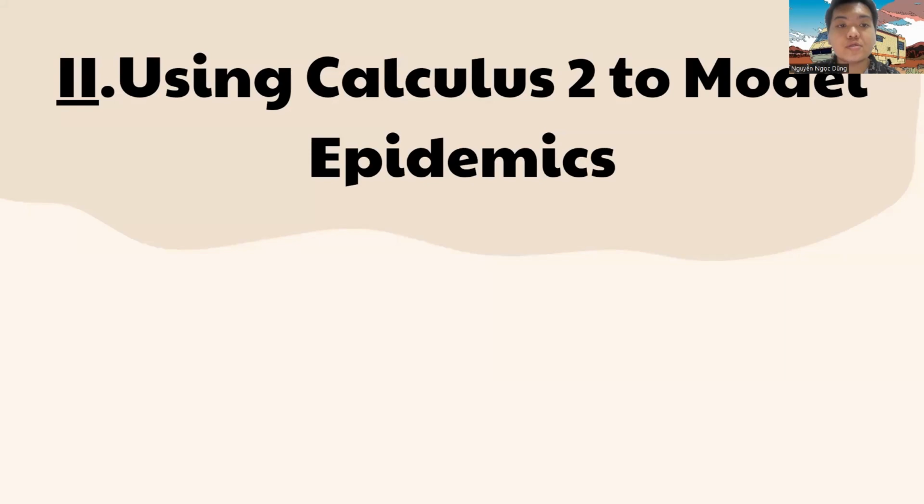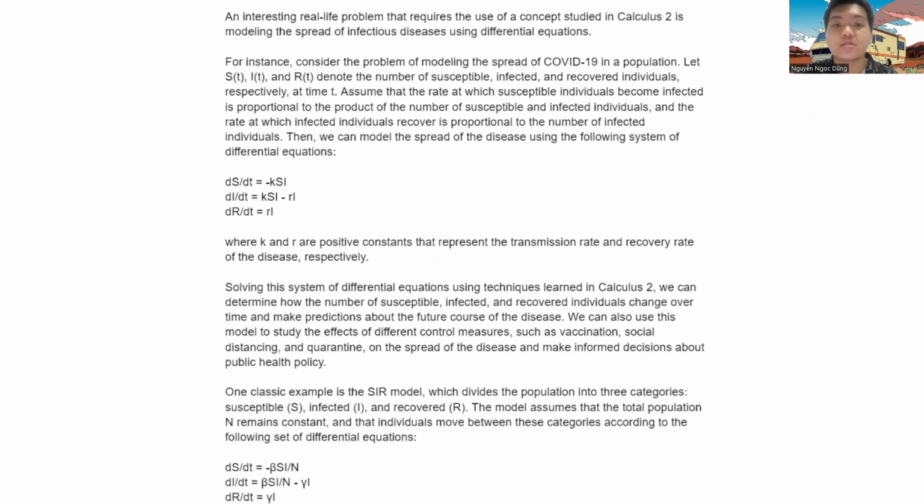We want to use calculus 2 to model epidemics. An interesting real-life problem that requires the use of concepts from calculus 2 is modeling the spread of infectious disease using differential equations. For instance, consider a problem modeling the spread of COVID-19 in a population. Let S(t), I(t), and R(t) denote the number of susceptible, infected, and recovered individuals respectively at time t.